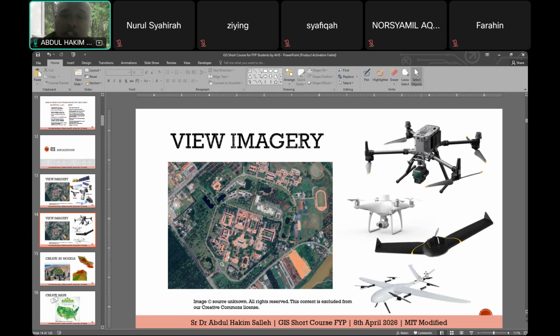Similarly, here is the last one. The bottom one is the hybrid drone. It can take off from a point, and it can land without any, what do we call that, anything.